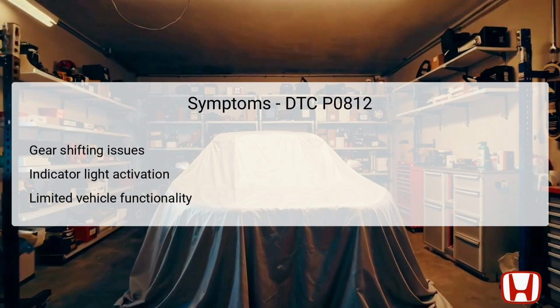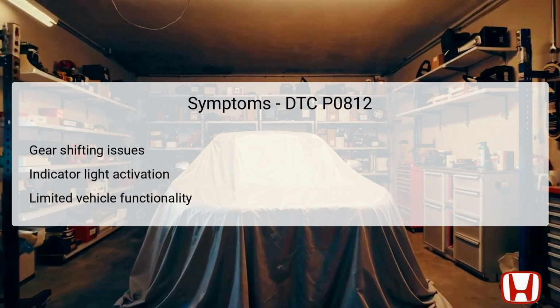Moreover, limited vehicle functionality can occur. For instance, the vehicle may not start when in certain gear positions or may exhibit unusual behavior when in reverse. Recognizing these symptoms early can help in promptly diagnosing and rectifying the issue related to the transmission range switch.